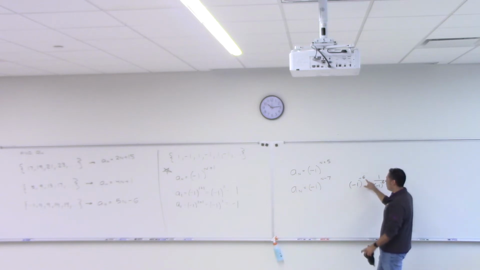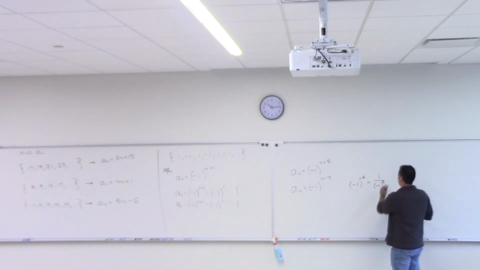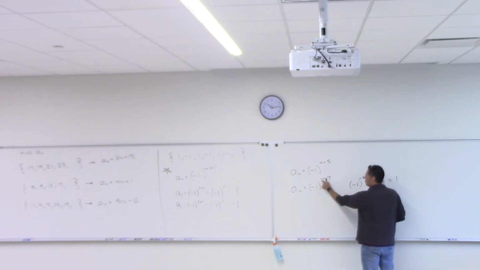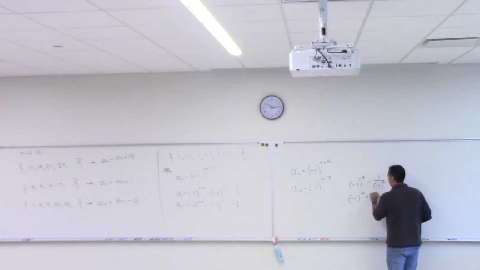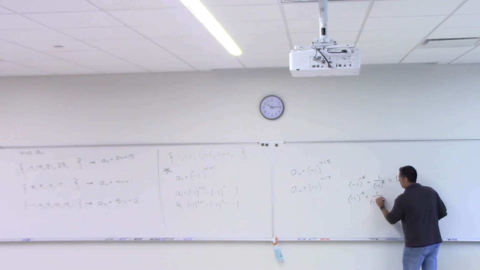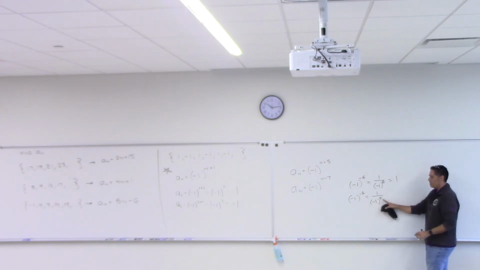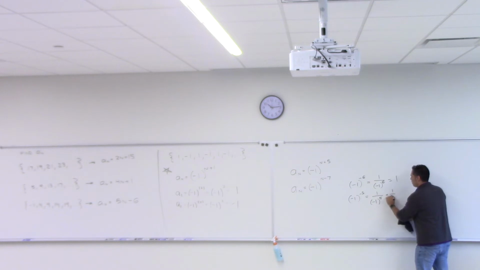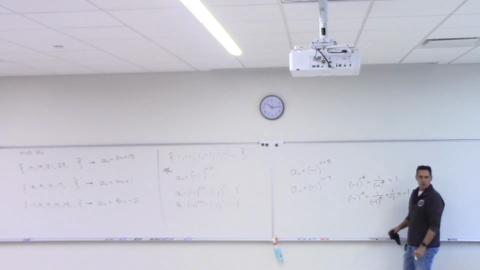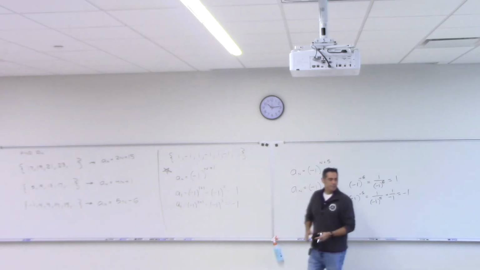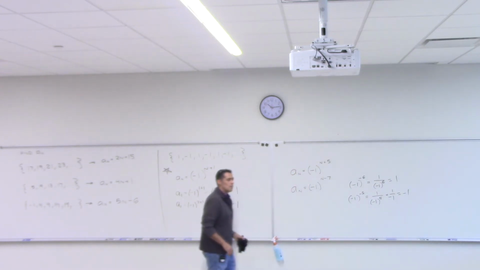You get -1 to what power? -5. That's 1 over -1 to the 5th. What's -1 to the 5th? -1. What's 1 over -1? -1. It works.